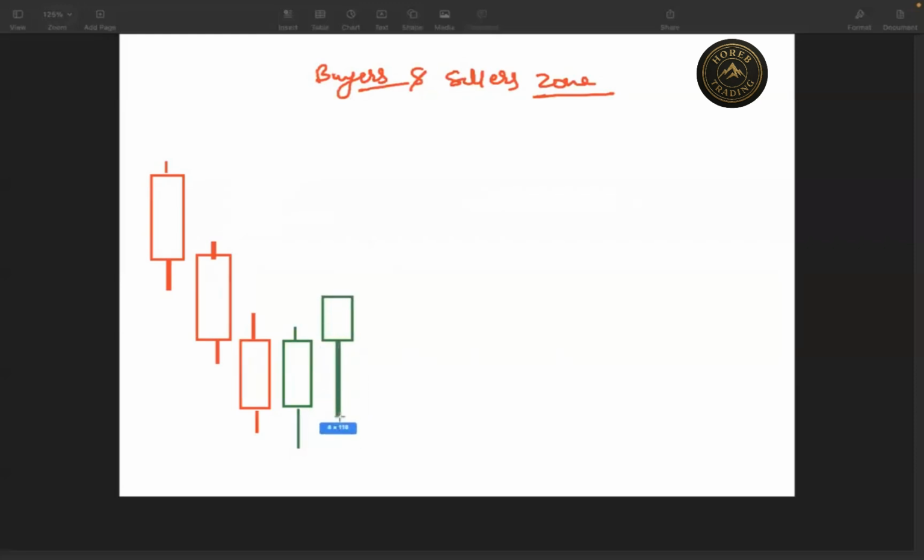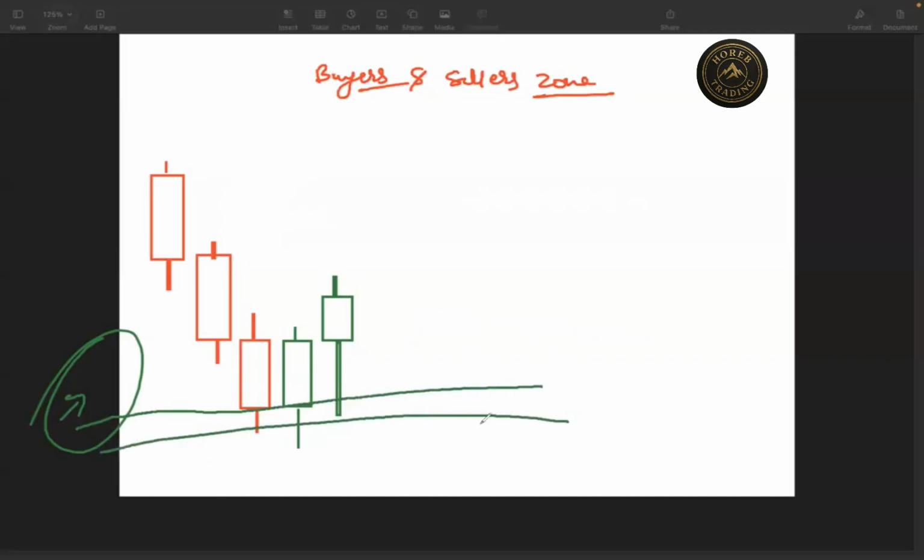It's very important. And if on the left we have support, we can draw immediately. But what makes this area a buyer zone is those 3 rejections, and it's very important to have 3 rejections. According to the rejections, the buyers are strong there.